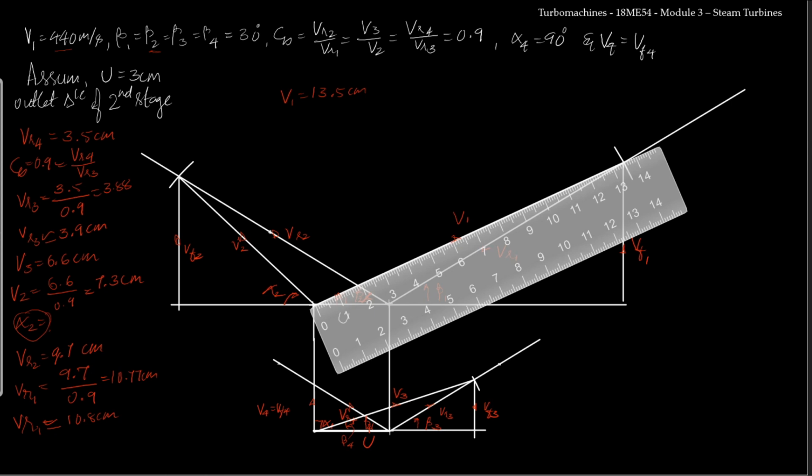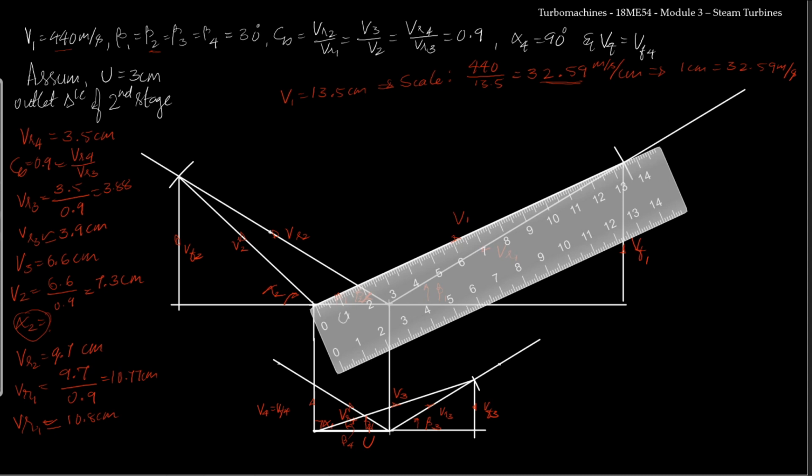I'll get the scale ratio, which implies that the scale will be given by 440 meter per second divided by 13.5, which is 32.59 meter per second per centimeter on the velocity diagram. This is the scale, or I can write it in terms of 1 centimeter is equal to 32.59 meter per second.